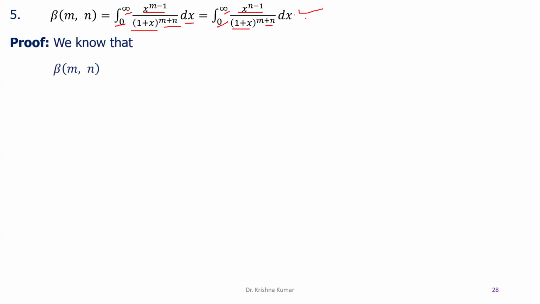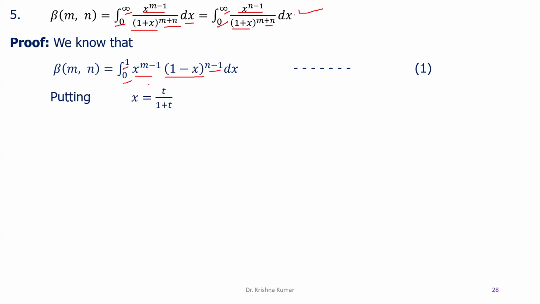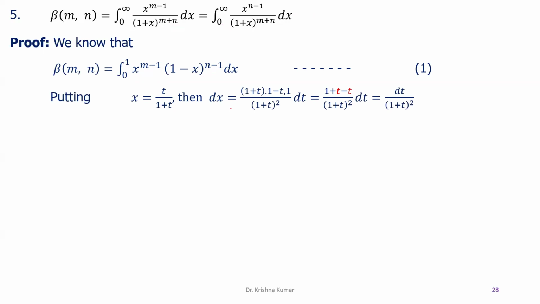We know that beta of m, n is equal to the integration of x^(m-1) times (1-x)^(n-1) under the limit 0 to 1. Now let us put x equal to t upon 1+t. Then what is the value of dx? Here we have to apply the division formula. The numerator is t, the denominator is 1+t.